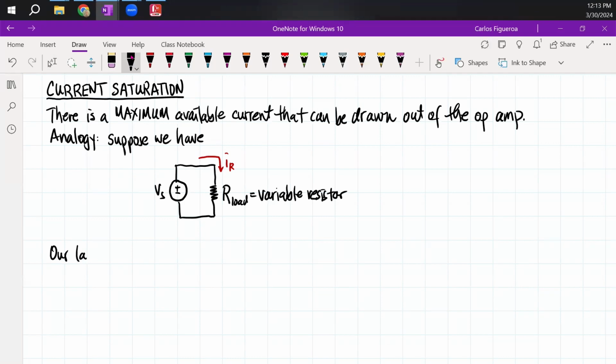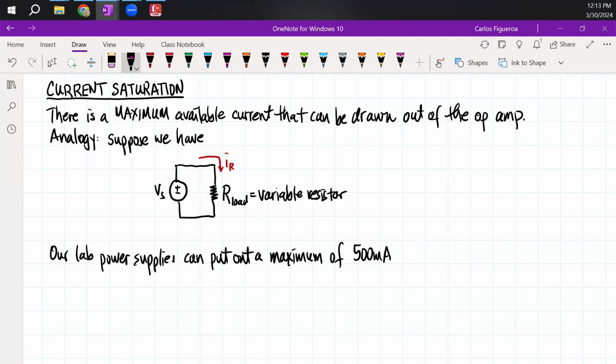Our lab power supply or supplies can put out a maximum of 500 milliamps, or half an amp.